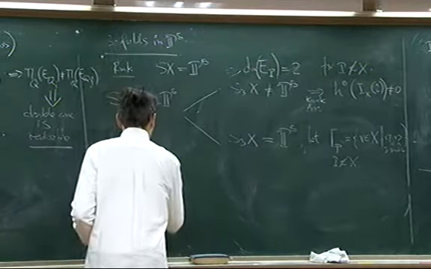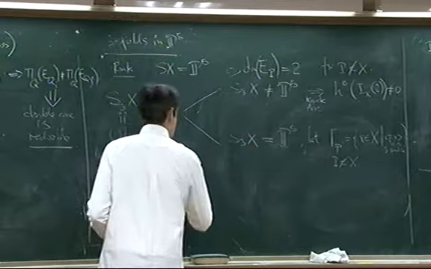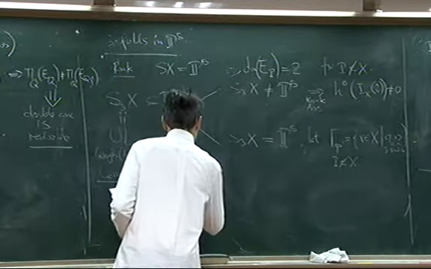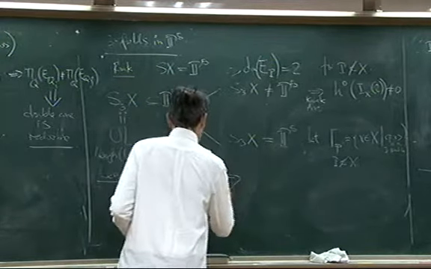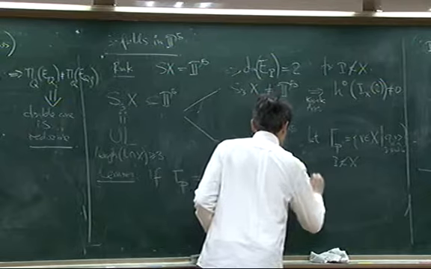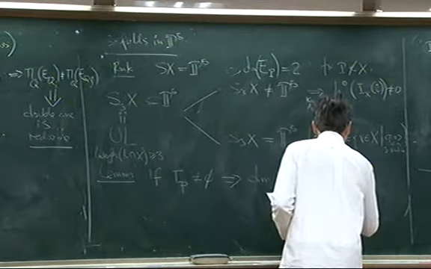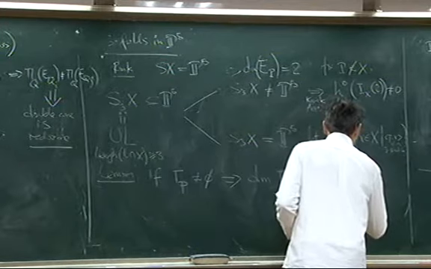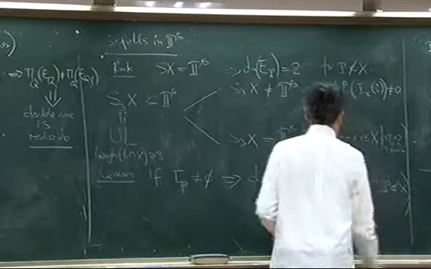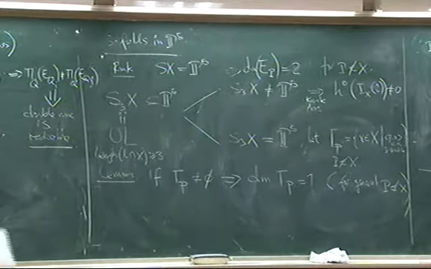So if gamma is non-empty, then this is a curve, for general P. Okay, the proof is very simple.